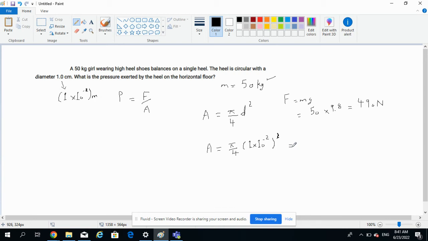So 3.142 divided by 4 into bracket. If you put this in your calculator, be very careful with the brackets, as I said, because that can affect your answer and people can get a silly error. So you get 7.855 into 10 raised to power minus 5 meter squared. So that's it.